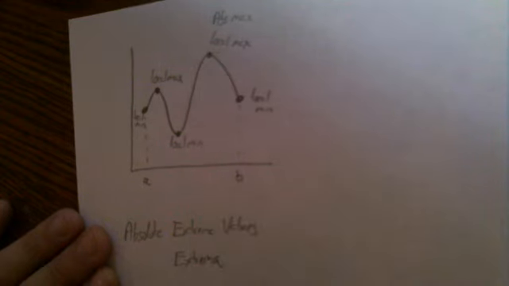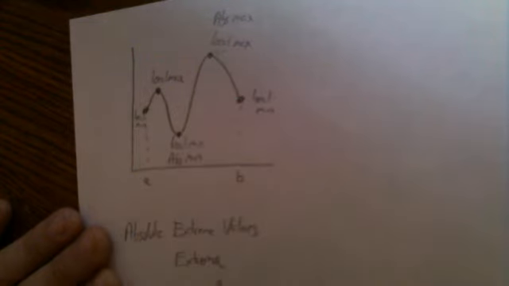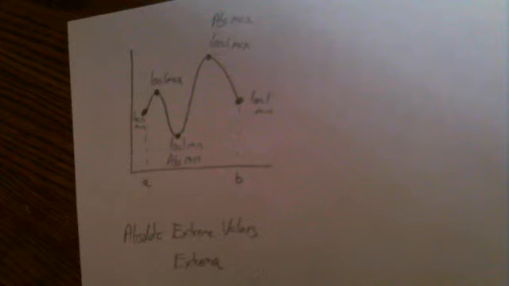So in this case, not only is this a local max, it's also an absolute max for the interval AB. This is not only a local min, it's also the absolute min for the given interval. So now the first derivative helps us determine all these points.